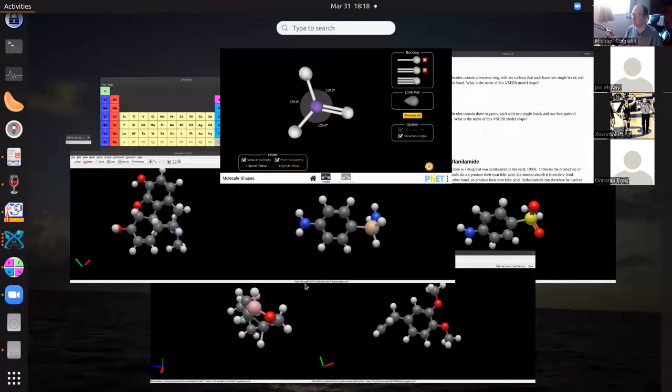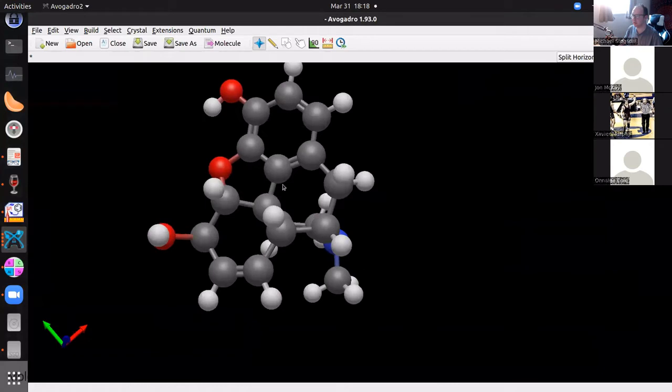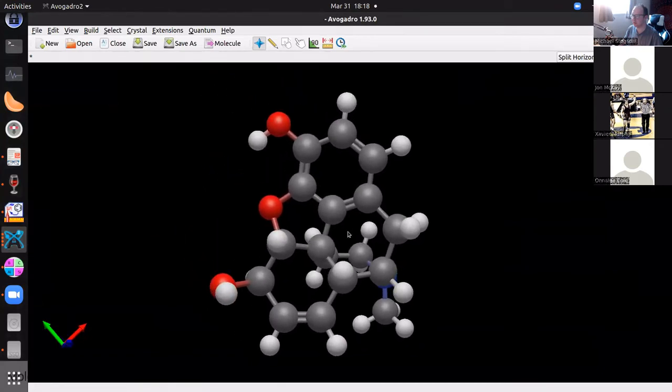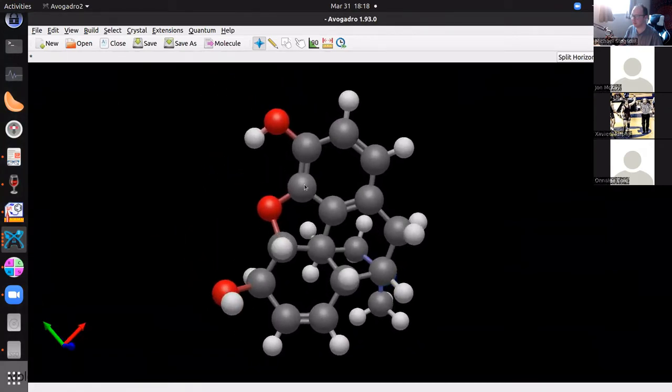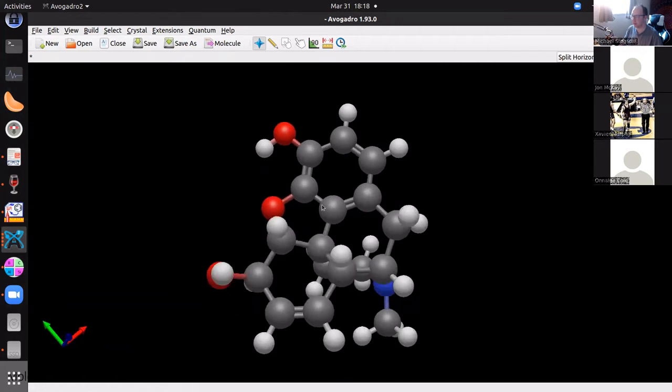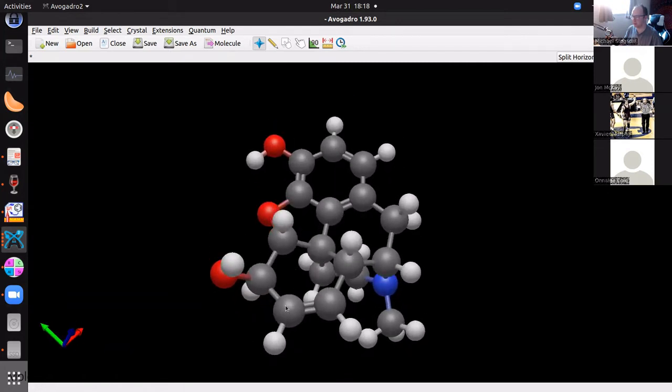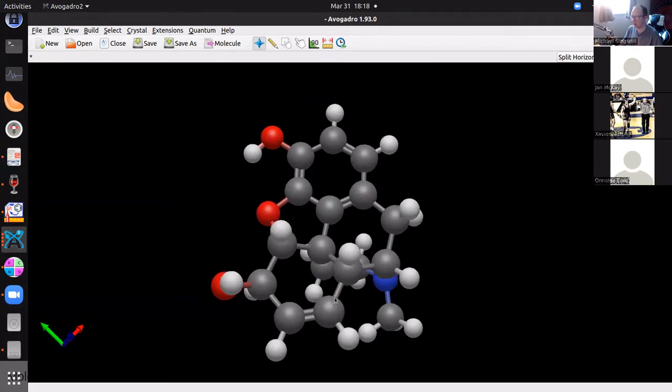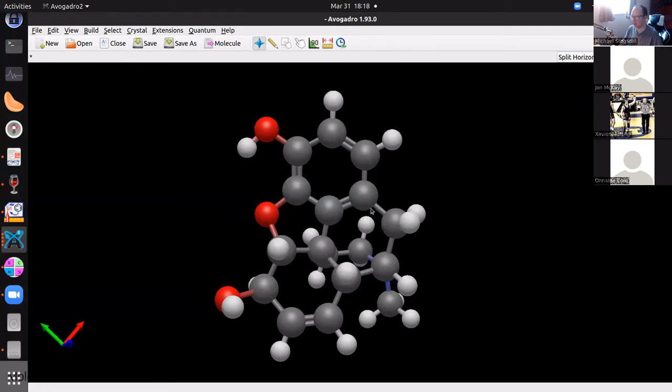If we go to our other model here, we can see that the benzene ring is this guy here. These other rings aren't benzene rings because they don't have that regular pattern. This is single bond, double bond here. Here we have single bond, double bond. For a benzene ring, you need single bond, double bond, single bond, double bond, single bond, double bond, all the way around.